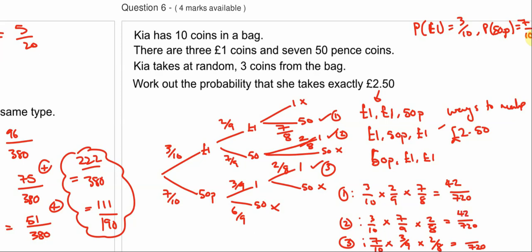And the bottom one, in fact, is 42. Just the same numbers in different orders, isn't it? So now I want to add these together. So 42 add 42 add 42 gives me 126 out of 720. And if you wish to simplify that, it simplifies quite nicely actually to 7 out of 40. It's a bit of a messier question.